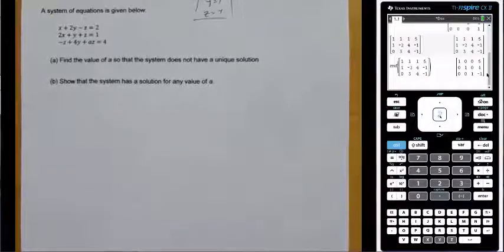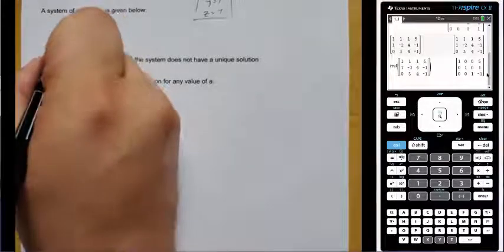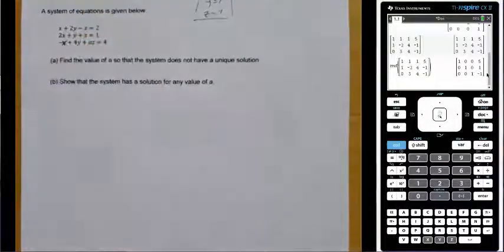I think what we need to start with, there's a typo here, that's supposed to be an x. Let's start by trying to solve this as we would, and then we'll try to interpret our answer at the end.